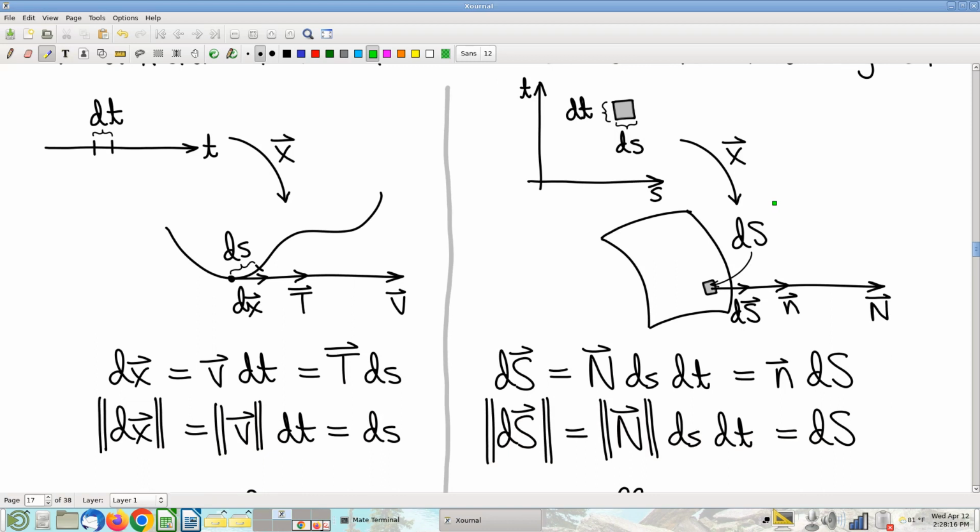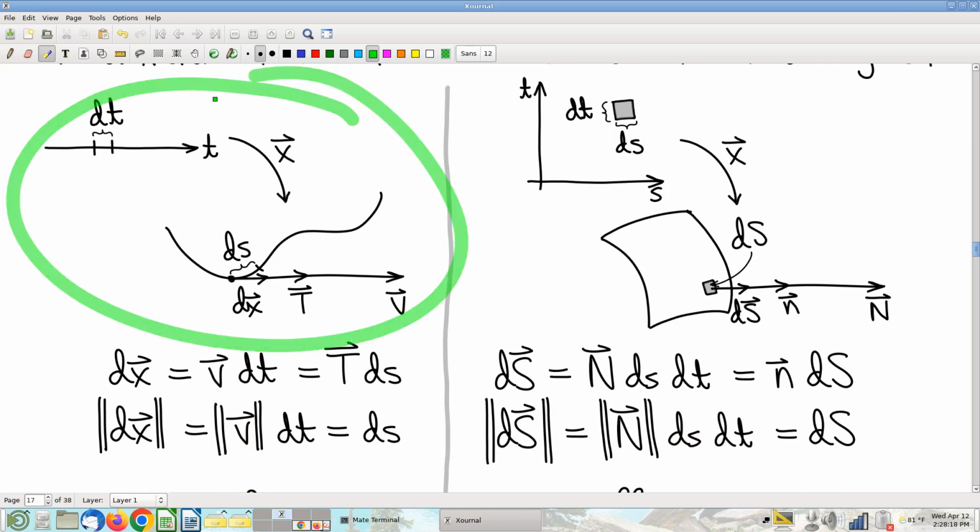So first of all, here's a parameterization of a curve. I've got my curve here, and I can view position on this curve as a function of time. Apologies for the way I've drawn this, where the parameterization is going downward and to the right. I just needed more space on the page, and this is purely a space-saving point. I know it looks weird, and I'm sorry about that.